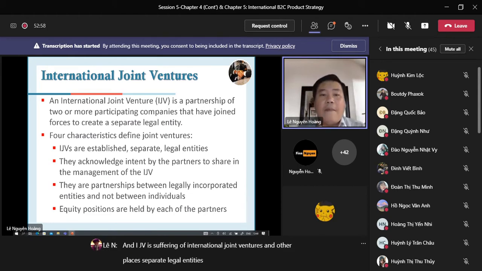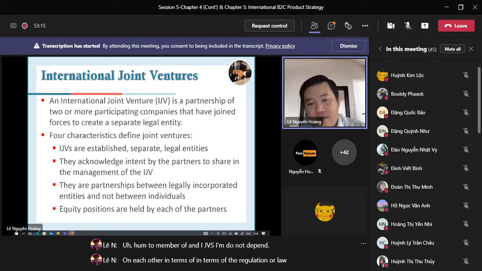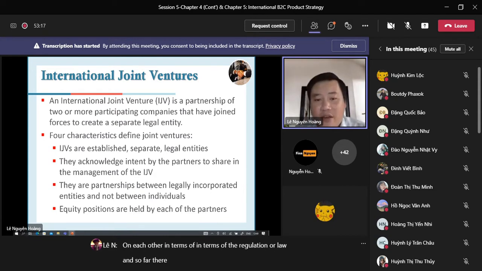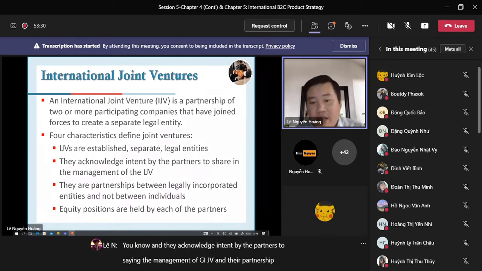This means the members of an IJV do not depend on each other in terms of regulation or law. They are separate companies, and they acknowledge the intent of the partners to share the management of the IJV. It is a partnership between legally incorporated entities and not between individuals.